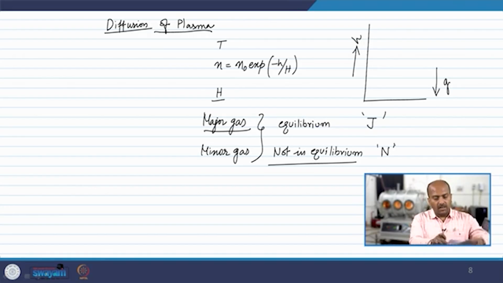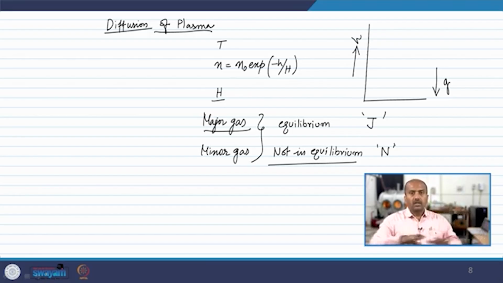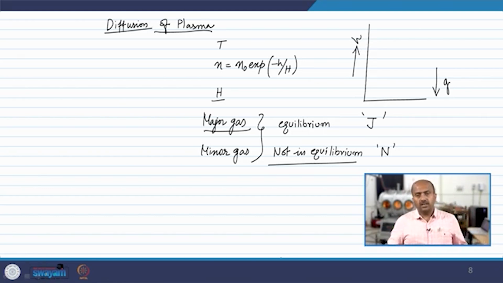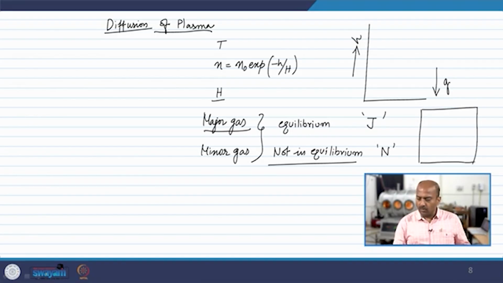Okay. So, it is in equilibrium and it is at rest. So, it is uniformly distributed, that is what I wanted. The major gas is at rest and uniformly distributed within the volume, and there is no gravity field.